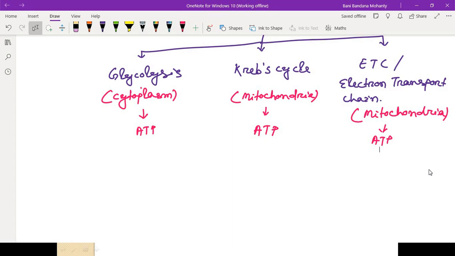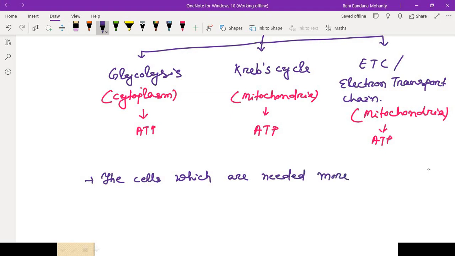Now the question is where the number of mitochondria is high. The cells which need more energy all the time have more mitochondria, because it is the organelle which liberates energy.